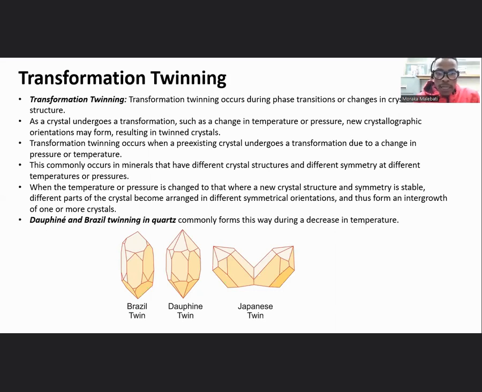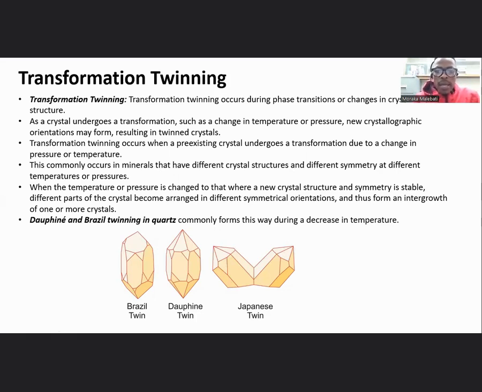That's exactly, for example, the Brazil twin in quartz, and also the Dolphin twin in quartz, and then also the Japanese twin is a typical example of the transformational twinning.